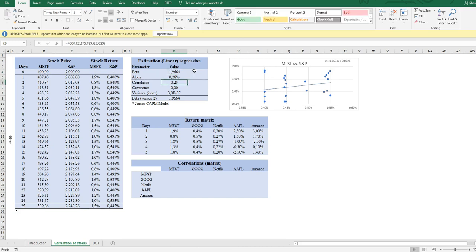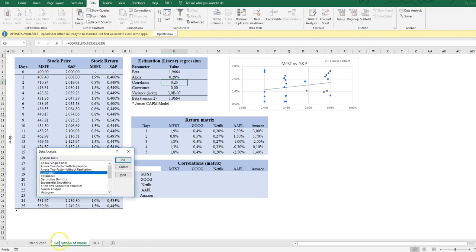Okay, the correlation, as I said, can be calculated with the CORREL function, but what we could have done was to calculate the R-squared of the model and then take the square root. I could calculate the R-squared manually, but that will take a few minutes. So instead I will use the built-in regression functionality and use the R-squared from there.